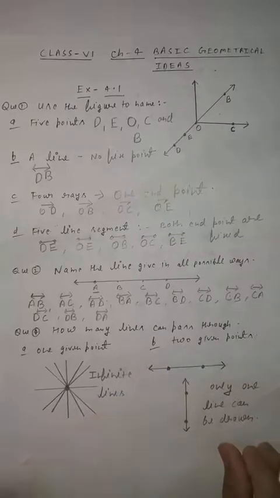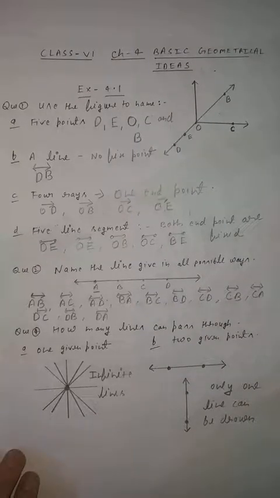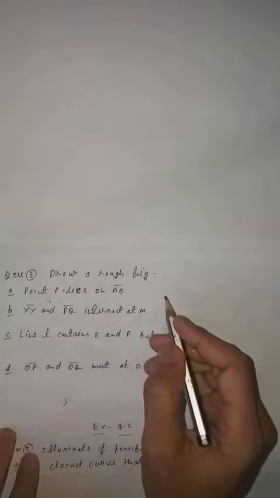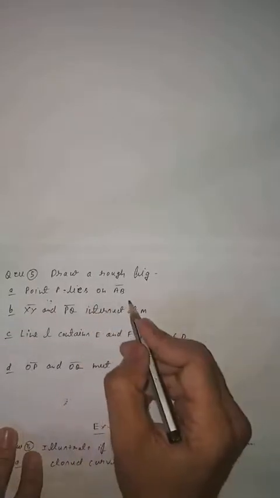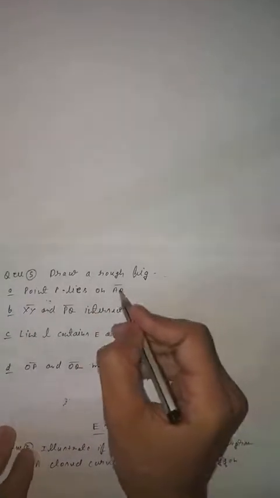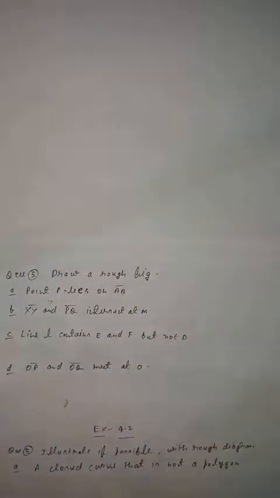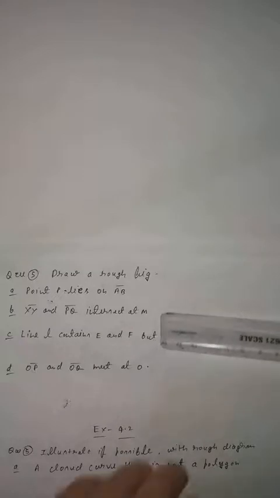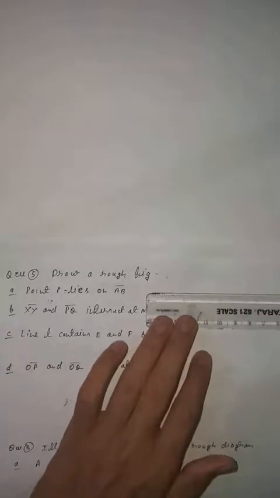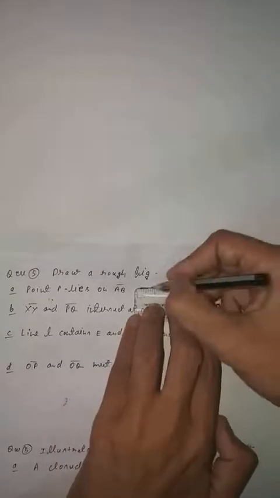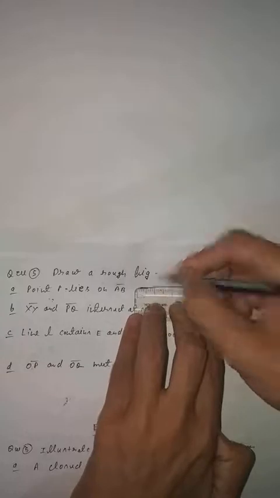Clear, students? Now come on, next exercise. Now students, question number 5. Draw a rough figure. First, point P lies on AB. So students, here AB is given, this sign is given, it means 2 fixed points are given. So how will you draw? You will draw 2 fixed points here.